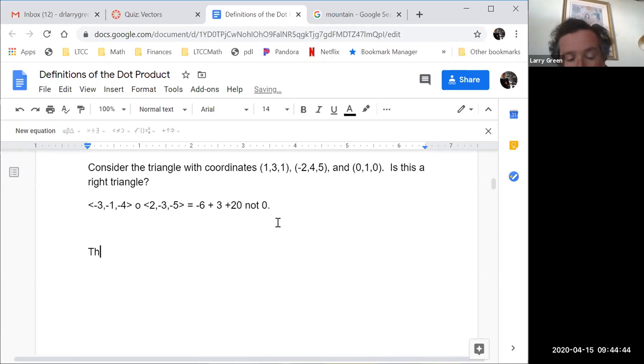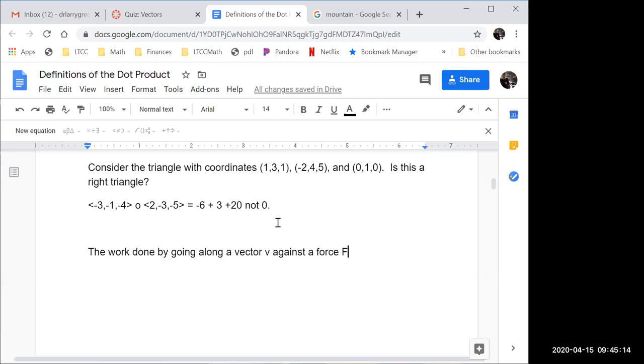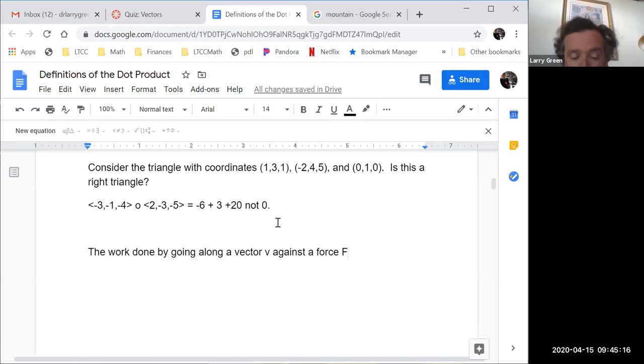So the work done by going along a vector v against a force F. By the way, is a force a vector? Yes, because it has magnitude and direction.